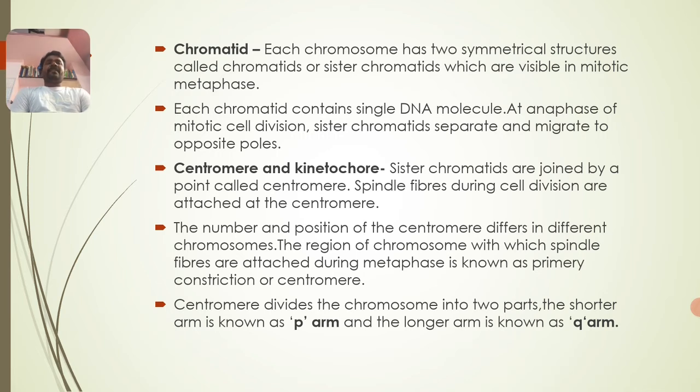At the time of cell division, protein fibers are secreted in the cell, and those are spindle fibers. They are extended forms of asters, which are formed by the dividing of centrioles. During cell division, these spindle fibers are attached to the region of the centromere.